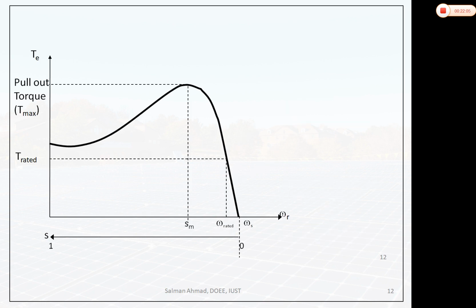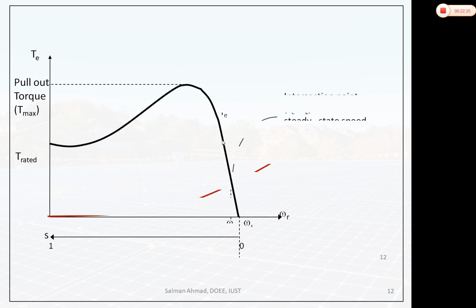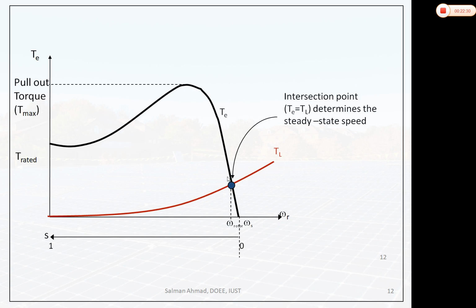Here you can see that this maximum torque value we call the pull out torque, which gives the short time overloading capability of the motor. At this value, say the torque produced is T rated and it is running at rated value. The intersection of load torque and motor torque is at this point, and this determines the steady state speed.